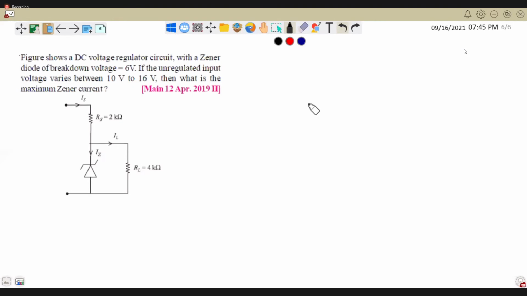If the unregulated input voltage varies between 10 volts and 16 volts, then what is the maximum Zener current? Very simple.